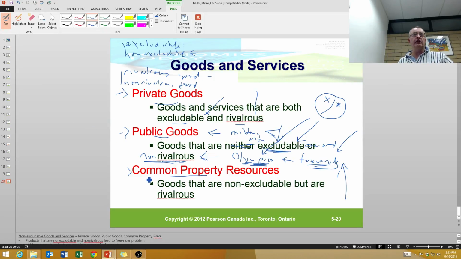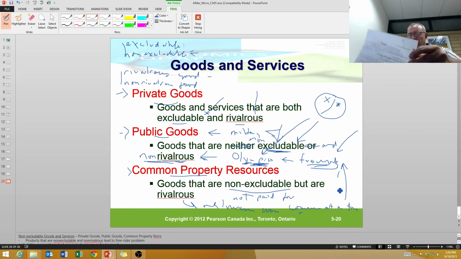So we have this final concept called common property resources. These are goods that are non-excludable, which means they're not paid for, but they're rivalrous, which means only one person can consume them at a single point in time.